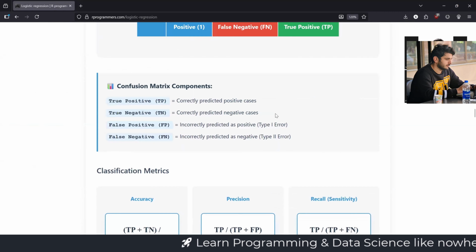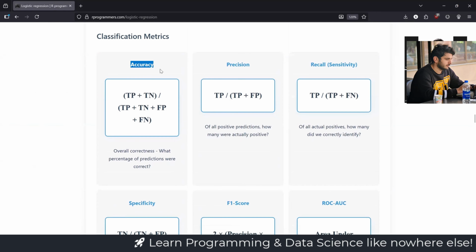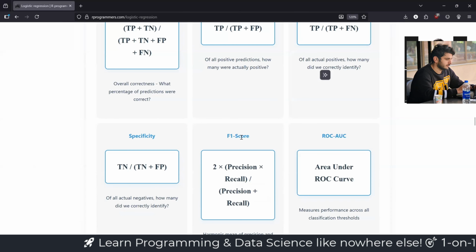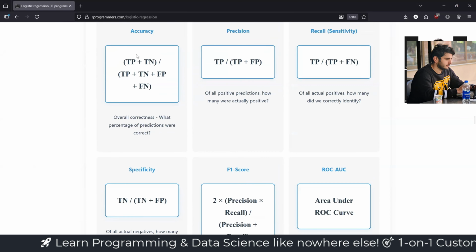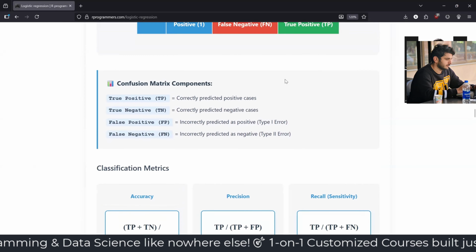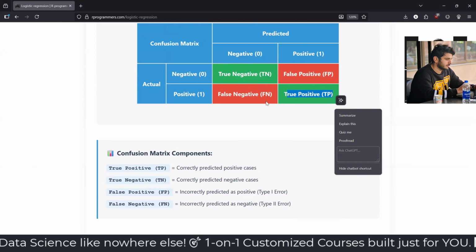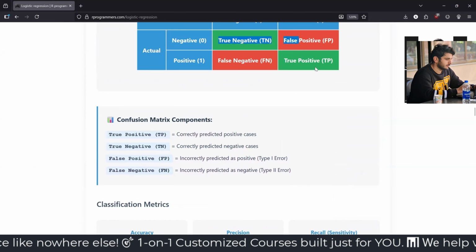For that we have different metrics: accuracy, precision, recall, specificity, F1 score, and ROC. Let's talk about accuracy first. Accuracy means, from all the predictions, how many we made correctly. We take this one plus this one and divide by all the total values.